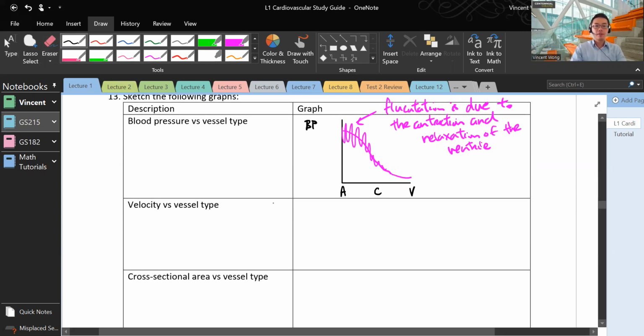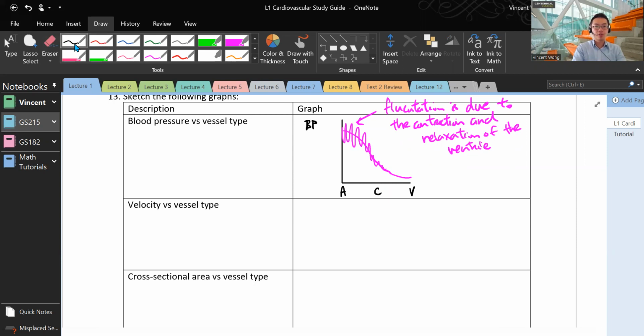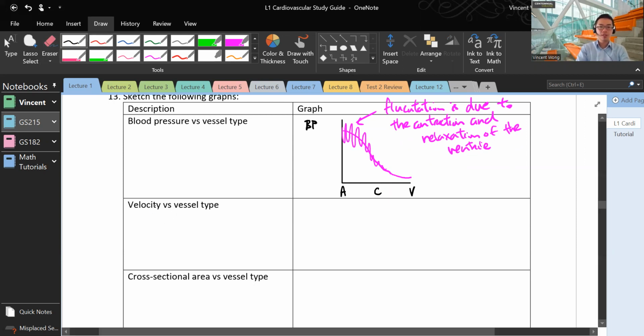Next is the velocity versus vessel type. Velocity, you can just think of it in terms of speed in this case. And this depends on two factors. Does anybody remember what they are? How fast does the blood flow depends on two things primarily.